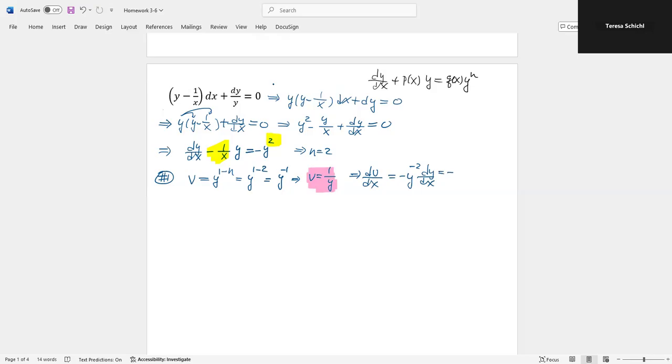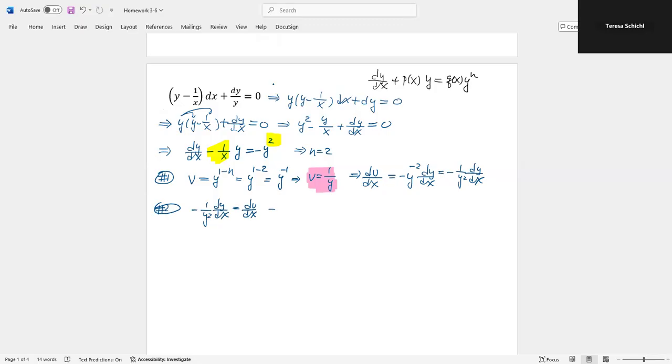So this will be equal to negative 1 over y squared dy/dx. Step number 2: I need to change dy/dx to be a function of dv/dx. So we have negative 1 over y squared dy/dx equal to dv/dx.